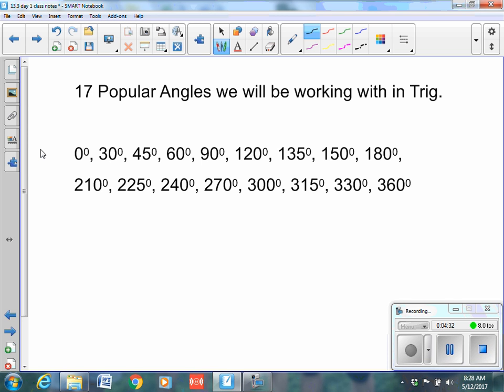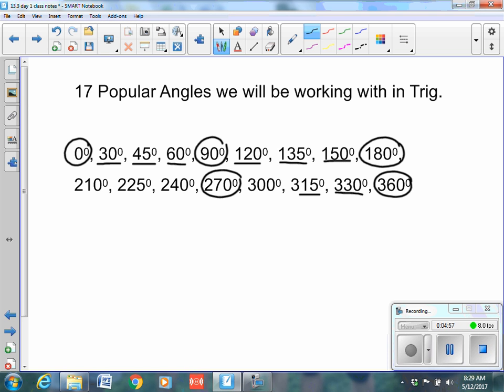These are the only angles that we would study next year in trigonometry. You just get really good at this. We just learned about 0, 90, 180, 270, and 360, didn't we? We learned how to find the sine and cosine of those 4 or 5, right? Now we're going to learn how to find the sine and cosine for what?